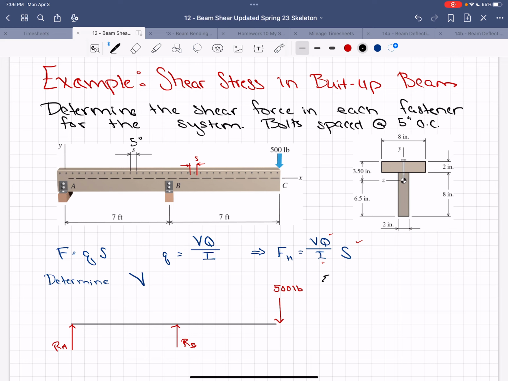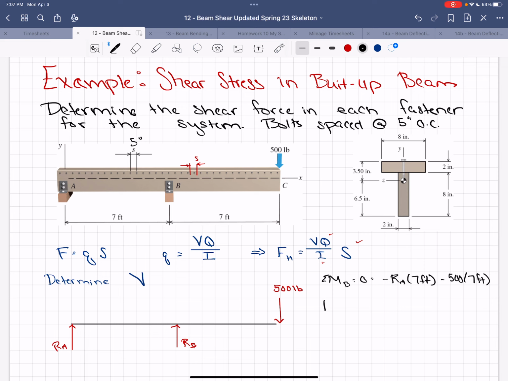We're going to start by summing the moment around B, and that equals 0. That equals a negative, since RA makes a negative moment, times 7 feet, and then the 500 also makes a negative moment, so that's 500 times 7 feet.